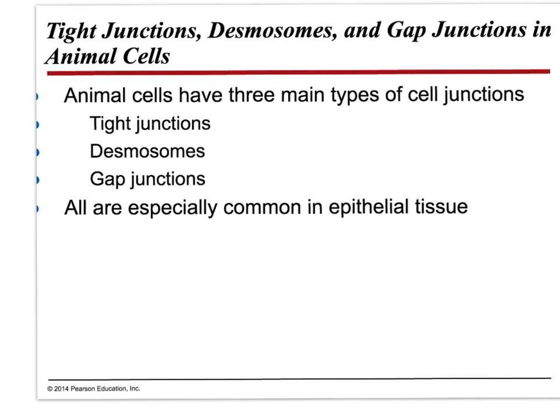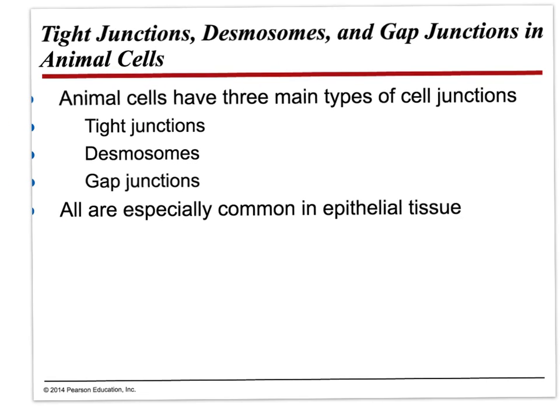Now your 3 main junctions, we have tight junctions, desmosomes, and gap junctions. These are in animal cells, and this is the important part. They are extremely common in epithelial tissue. Epithelial tissue is the tissue in your body that covers things.